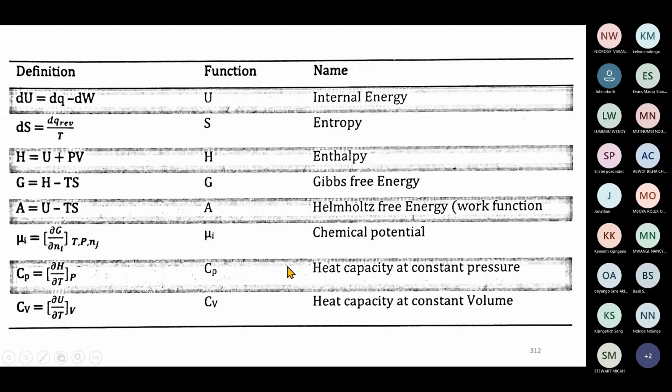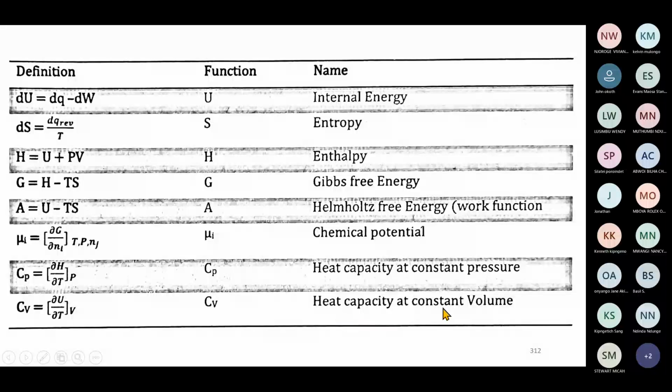We also defined heat capacity at constant pressure, Cp, given by the change in enthalpy with respect to temperature at constant pressure.